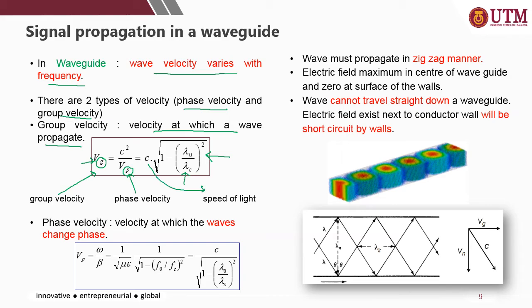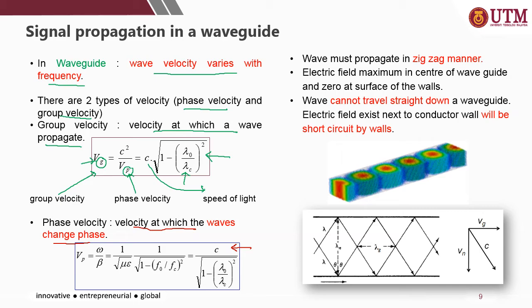The phase velocity is the velocity at which the wave changes its phase, and it can be calculated by using this equation. It still relates to the speed of light, lambda naught, and also lambda c. So what's the difference between f naught and lambda naught? Lambda naught is the wavelength, while f naught is the free space resonance or operating frequency.